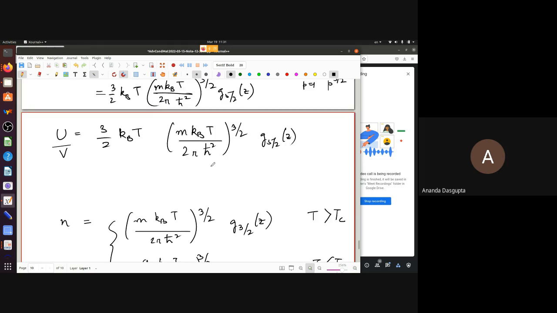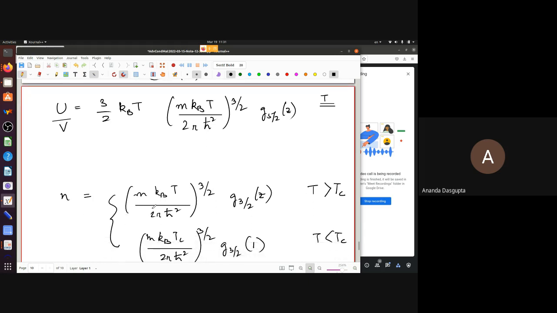Question is, when this formula for u, what temperature range is this valid for? Let me point out that the problem we had earlier was that we were missing out on the ground state. In our calculation, when we wrote our G epsilon, D epsilon, we were not counting the contribution due to the ground state. That's why our calculation for n went wrong.